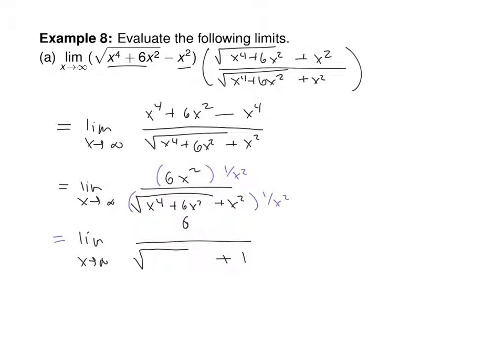When that 1 over x squared goes into the root, what does it become? x to the fourth. So x to the fourth over x to the fourth is going to make 1. And this is going to be 6 over x squared, right? Do you buy that? Okay. So now can you, without any qualms, say what that limit's going to be? 6 over 2, which is equal to 3.